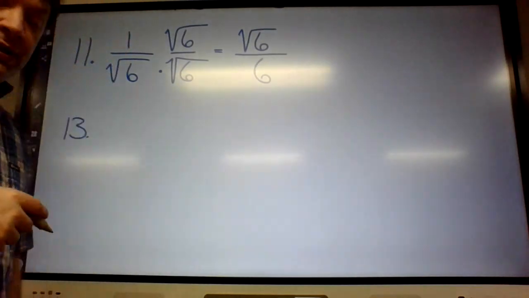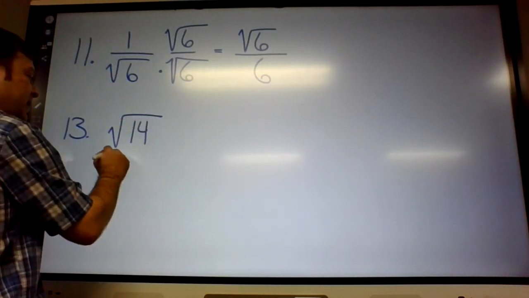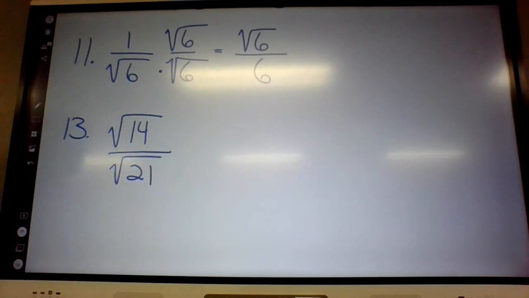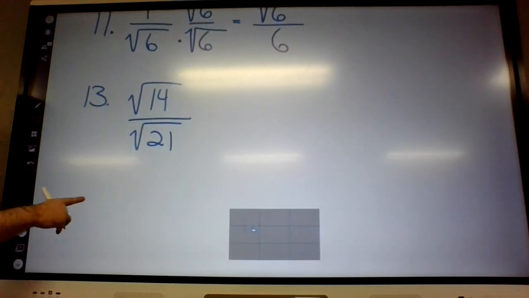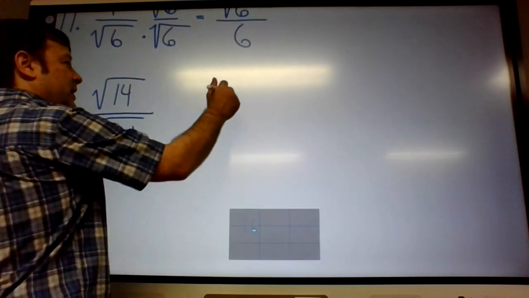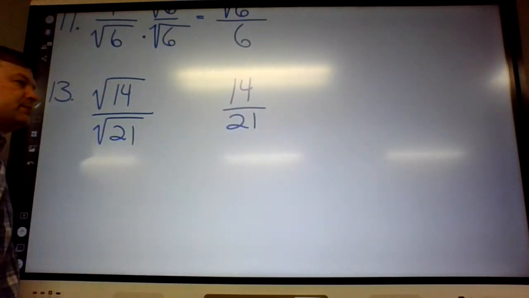13, square root of 14 divided by square root of 21. Okay, these don't divide exactly, but they do. Do you know what we can do with this one? If we had a normal fraction like 14 over 21, what would we do with that?